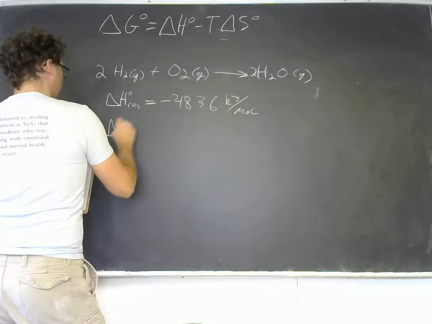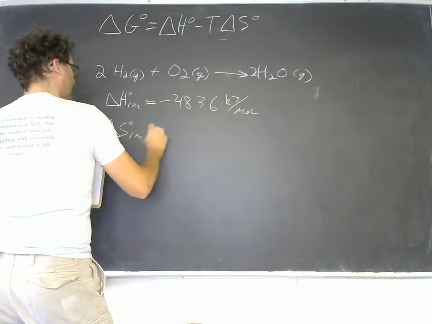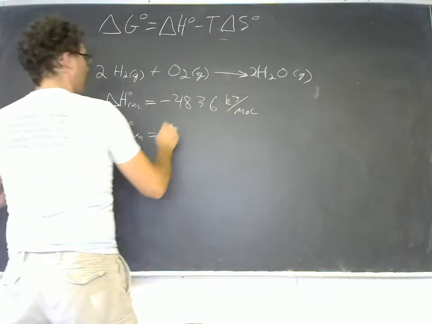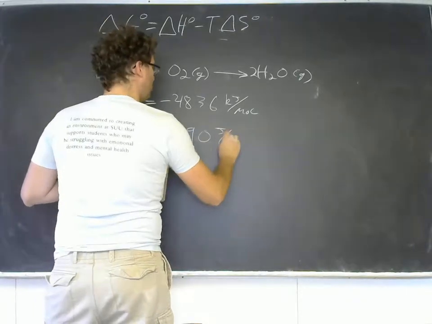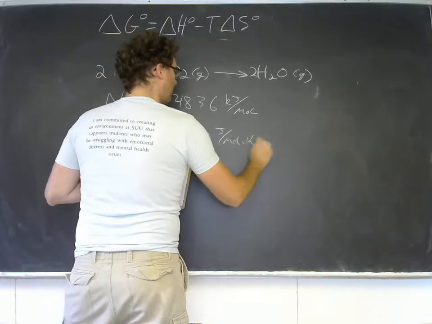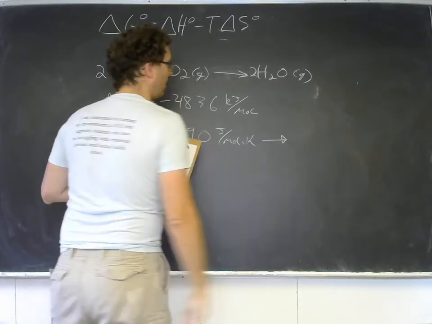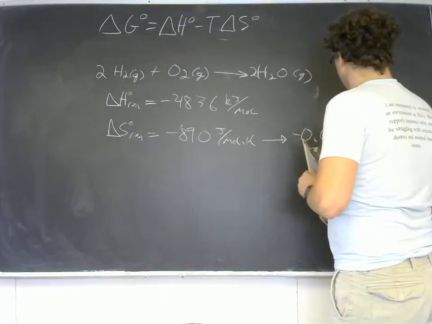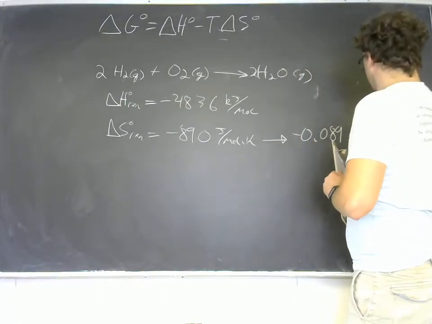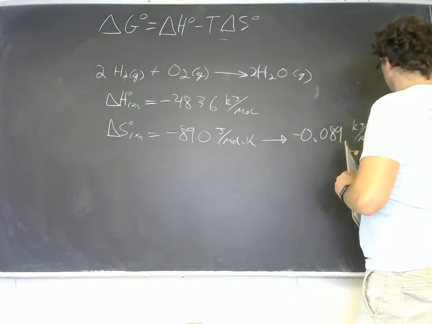And it has a delta S naught of reaction equal to negative 89.0 joules per mole Kelvin, and we can convert that into kilojoules per mole Kelvin, negative 0.0890 kilojoules per mole Kelvin.